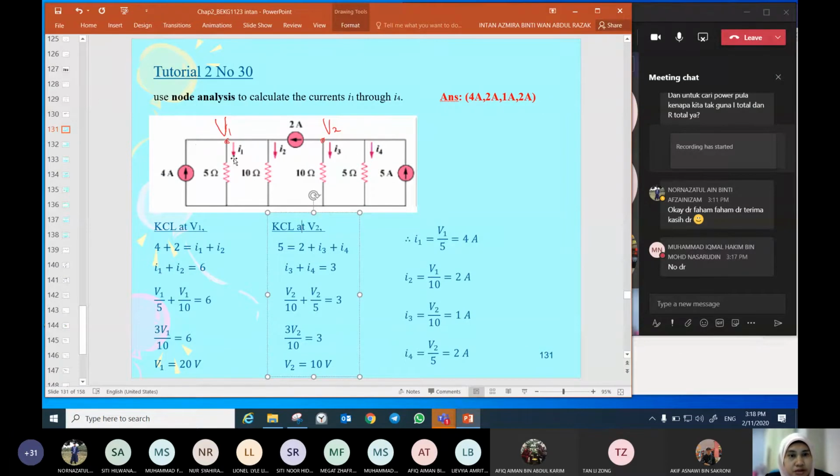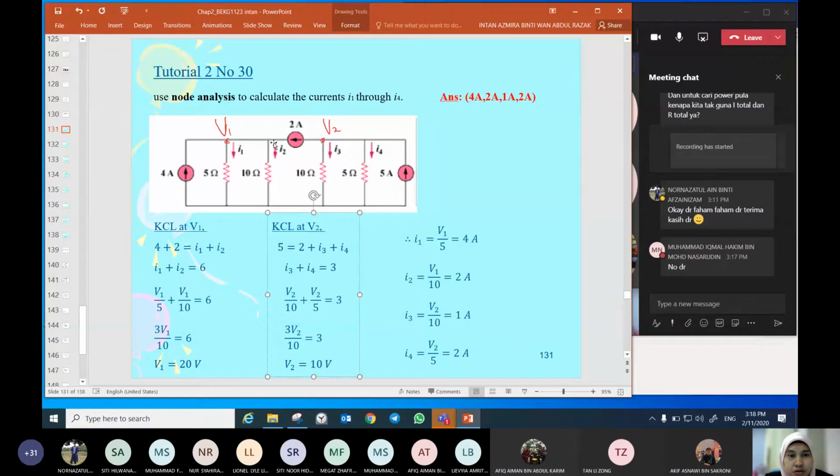I1 is the current that flows through the 5 ohm, meaning the voltage drop across 5 divided by 5. The voltage drop across 5 is V1. So V1 over 5 plus I2, which is V1 divided by 10.